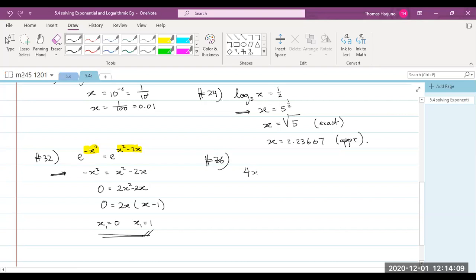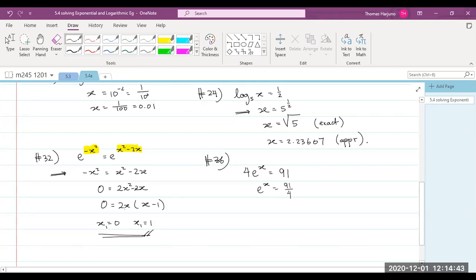Number 36. e to the x equals 91. What is your first step? Divide by 4. e to the x equals 91 over 4.